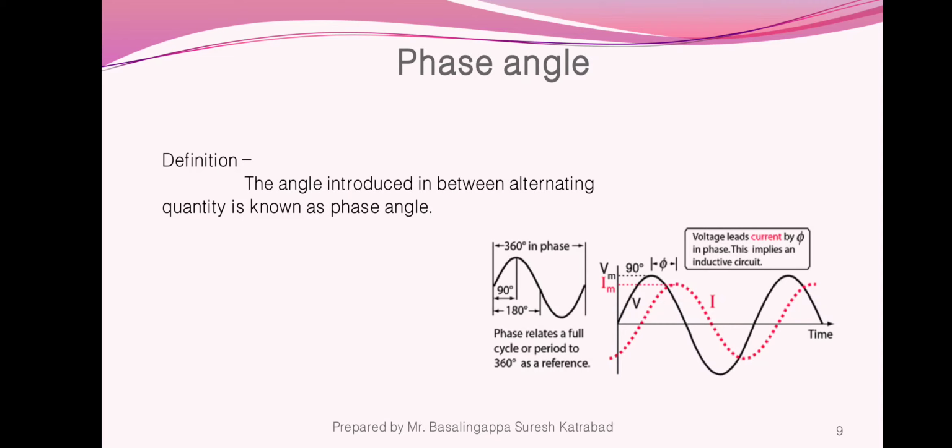Whatever angle is introduced between voltage and current is known as phase angle. Phase relates to a full cycle or period of 360 degrees as a reference. Here phi is the phase angle.